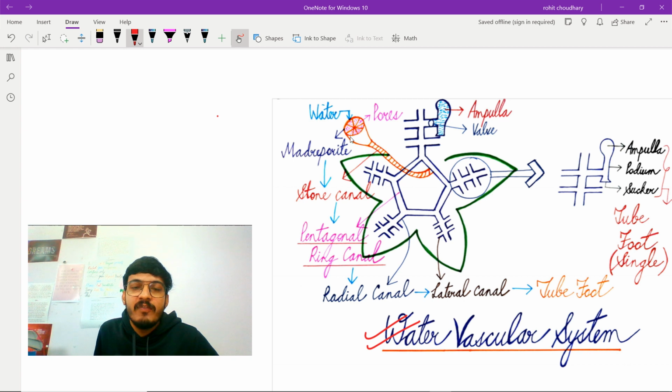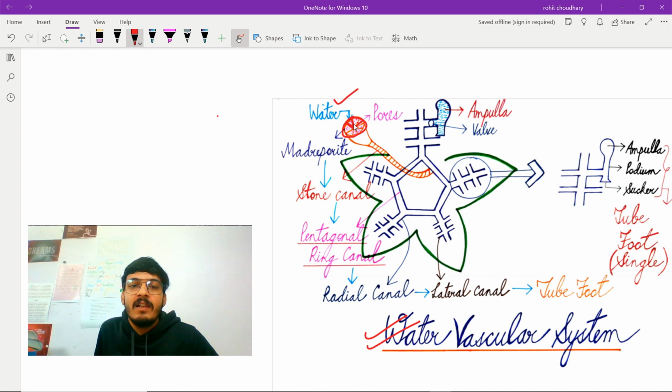Alright, so first of all, this rounded structure is madreporite, and it consists of perforated plates. Perforated plates are present, that means pores are present so that water can enter inside this.